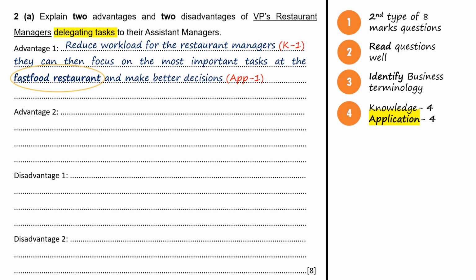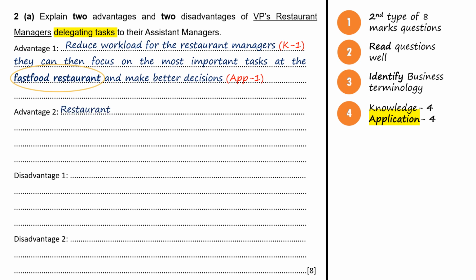All right, but you have seen that the student has written in a sentence, just like we explain. We just can't put the application there. We need to write in a proper sentence so that we will be awarded the 1 mark for application.